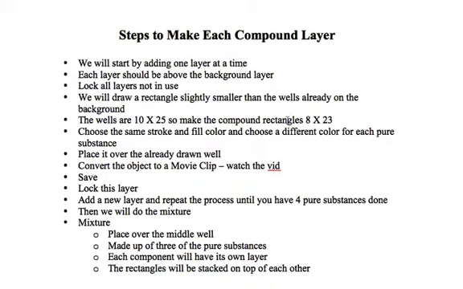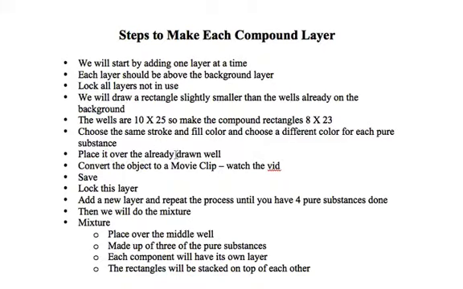What we actually did was draw them and then size them to 8 by 23. We made sure that the stroke and the fill colors were the same for each pure. We used the same color for the fill and stroke for each compound, but each compound had its own color.